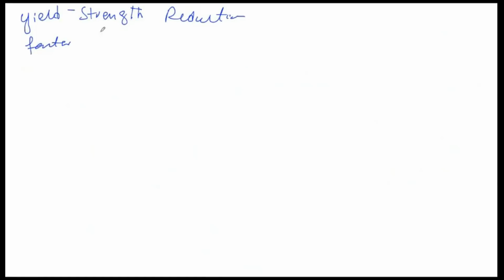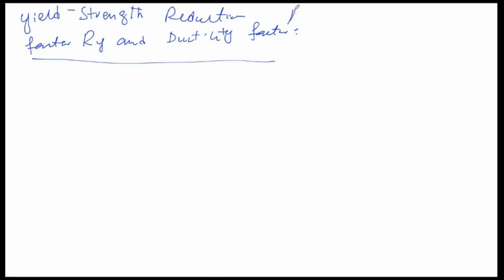The yield strength reduction factor is represented by Ry, and the ductility factor is represented by mu. Mathematically, Ry can be written as Ry equal to F naught divided by Fy, where F naught is the minimum yield strength.